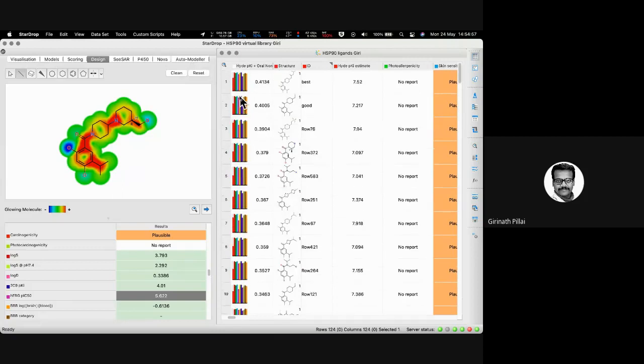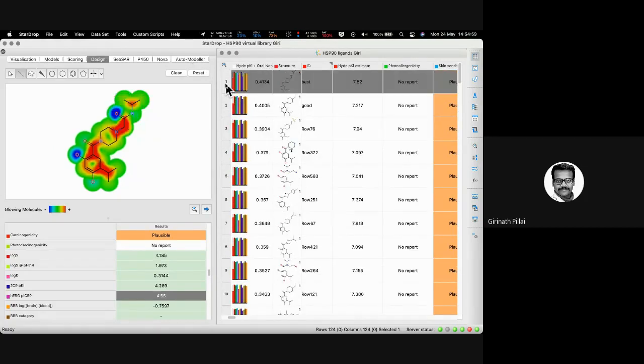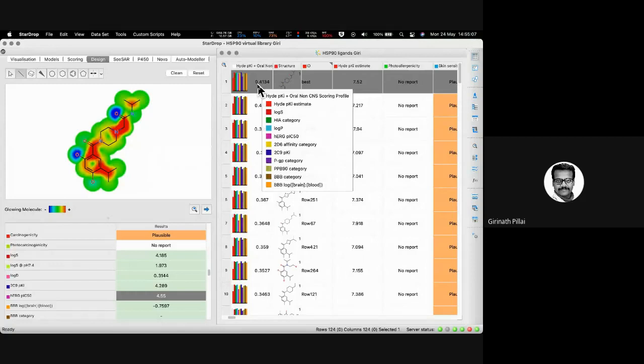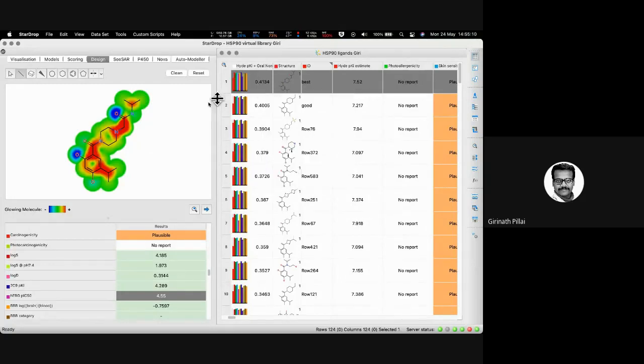Now let's go back to the one which the software has said is the optimal compound to move forward, because it has a score of 0.41. Let us analyze why the software says this one is best. The solubility is higher for this molecule, 4.18, whereas the earlier one had, I think, 3.7.